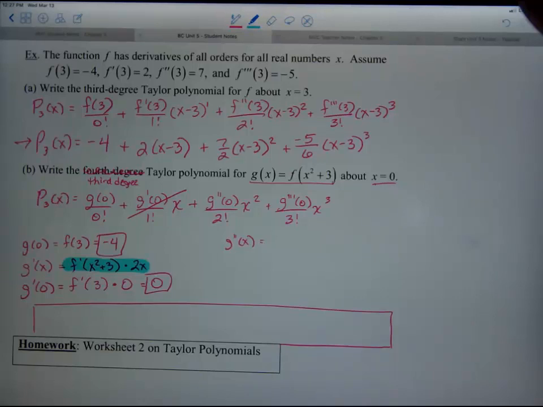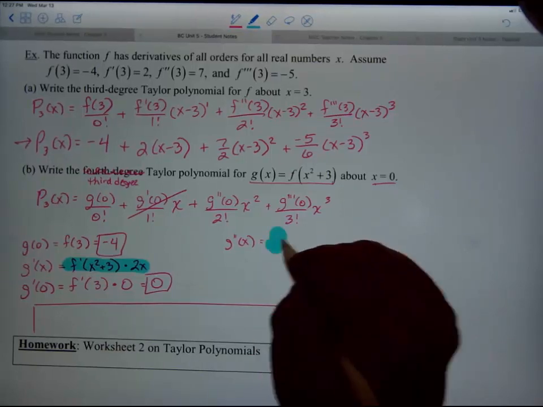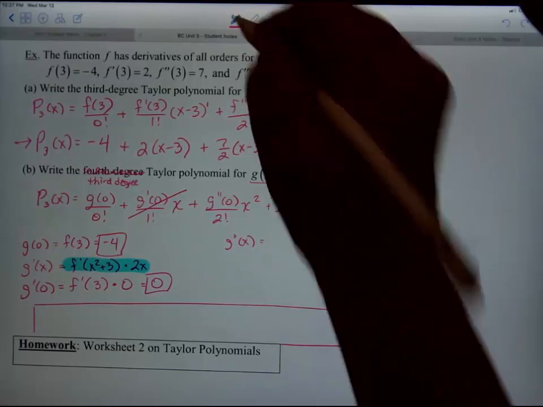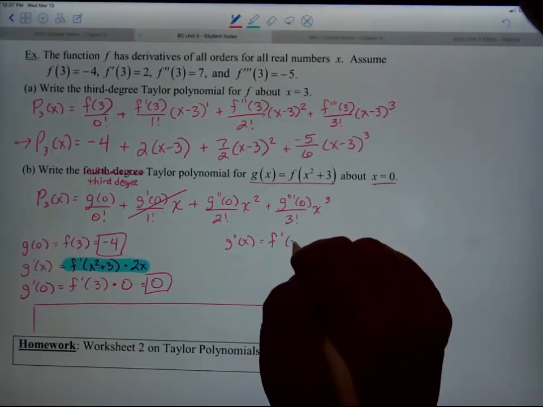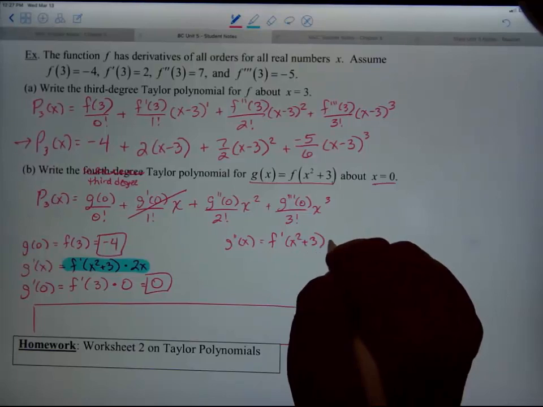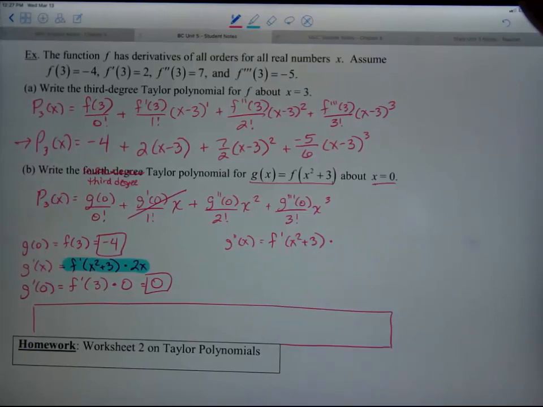So 1d2: I'm writing in highlighter. 1 is just copy f prime of x squared plus 3 times d2. What is the derivative of 2x? Just 2. 1d2, done.